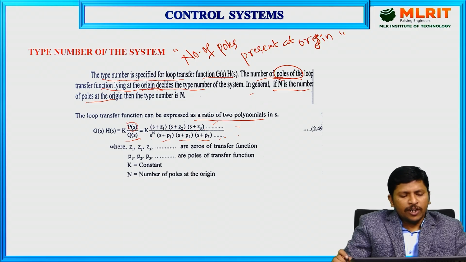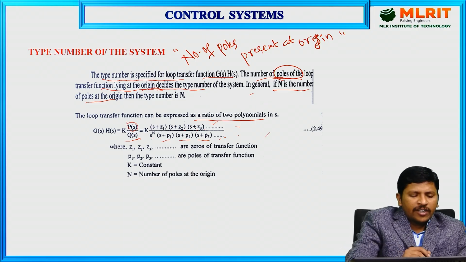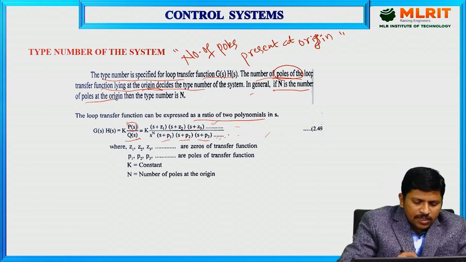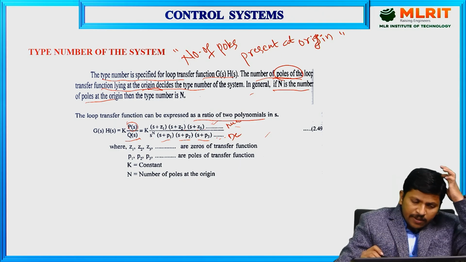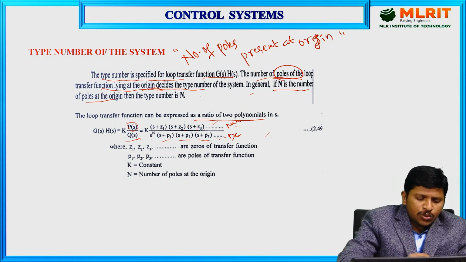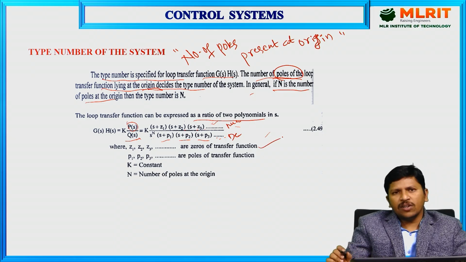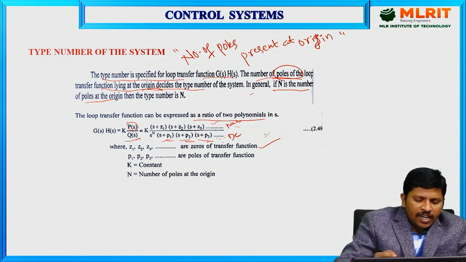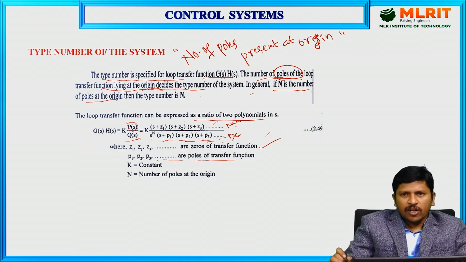This is the equation of the loop transfer function as a ratio of two polynomial equations: the numerator polynomial and the denominator polynomial. Here z1, z2, z3 and so on are the zeros of the given transfer function, and p1, p2, p3 up to pn are the poles of the transfer function.